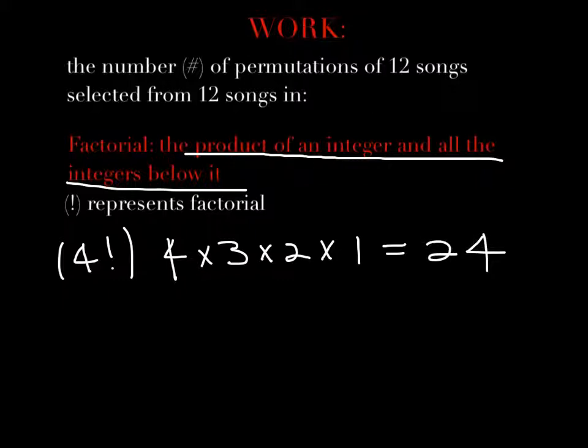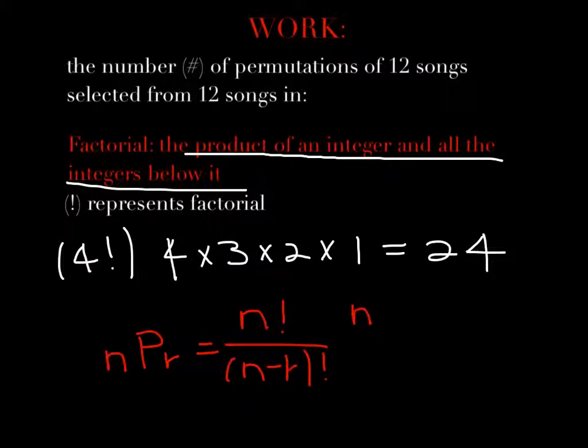The equation that we'll be using is nPr, which is equal to n factorial over (n minus r) factorial. N is the total number of objects in the question. And what P stands for is permutation, of course.